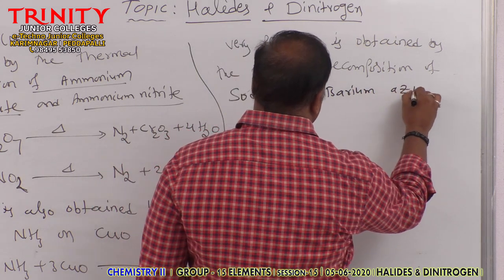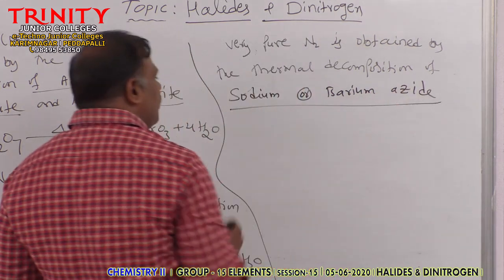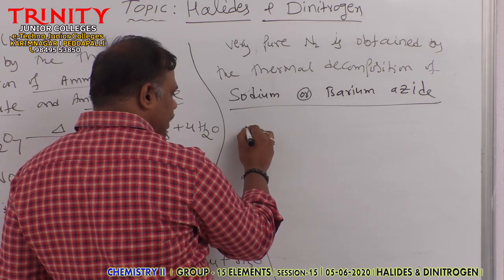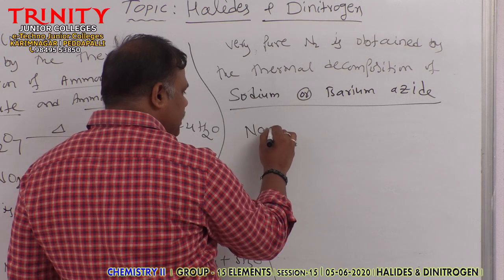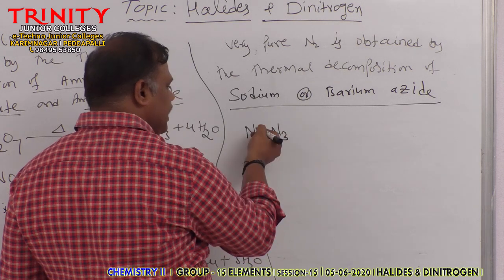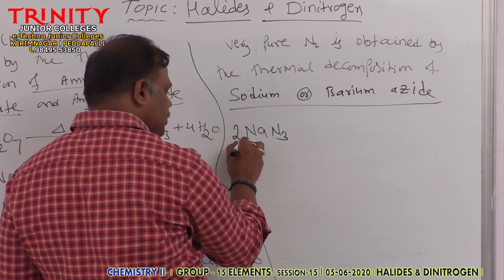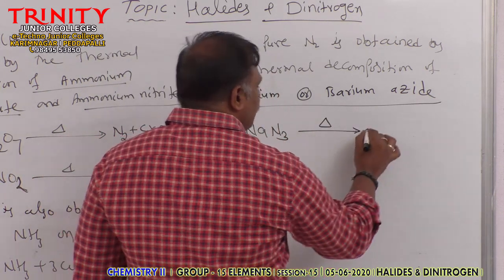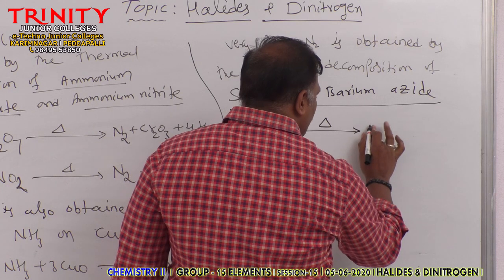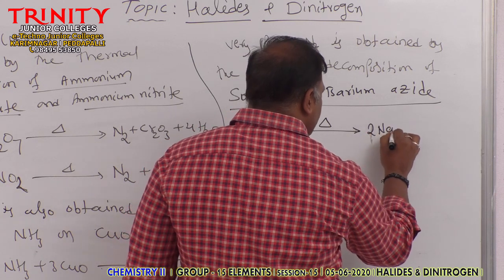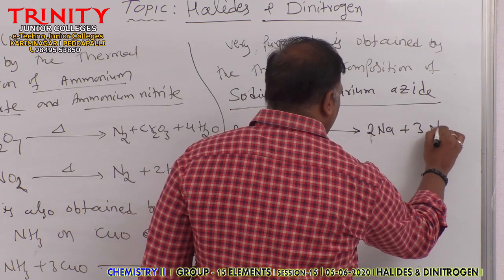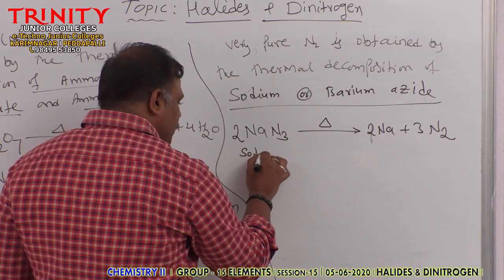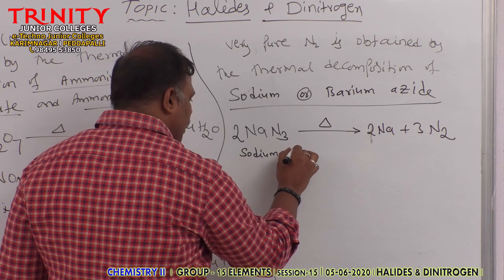Azide means N3 minus; Na plus N3 minus is called sodium azide. On heating in vacuum it forms 2Na plus 3N2, with no impurity.